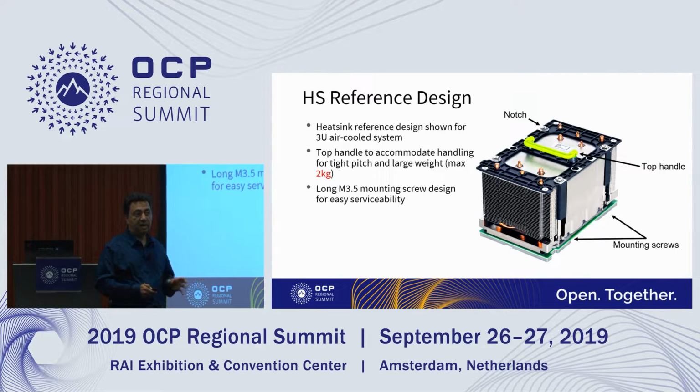Of course, from the mechanical and thermal aspects, there is already a reference heatsink design. Thank you, Tiffany. But be aware that this solution could be up to 2 kilograms, so it is going to create some challenges from handling and modularity as well. So that's where we are on OAM.